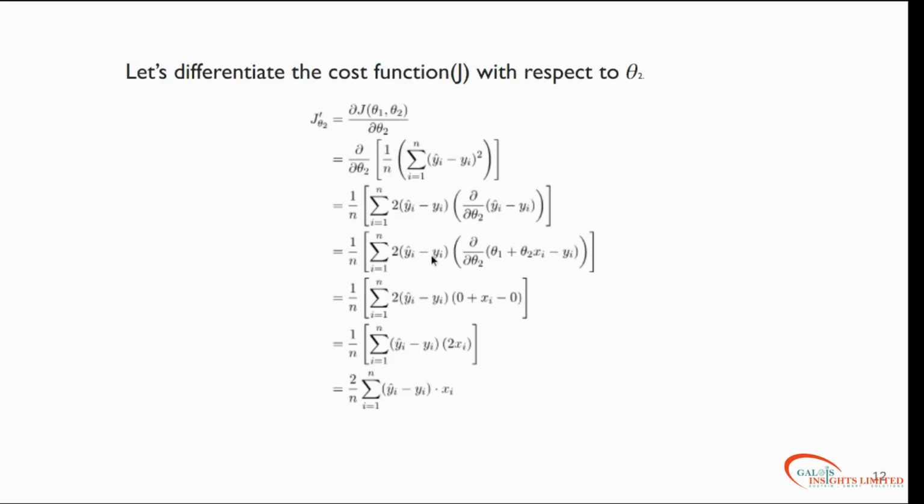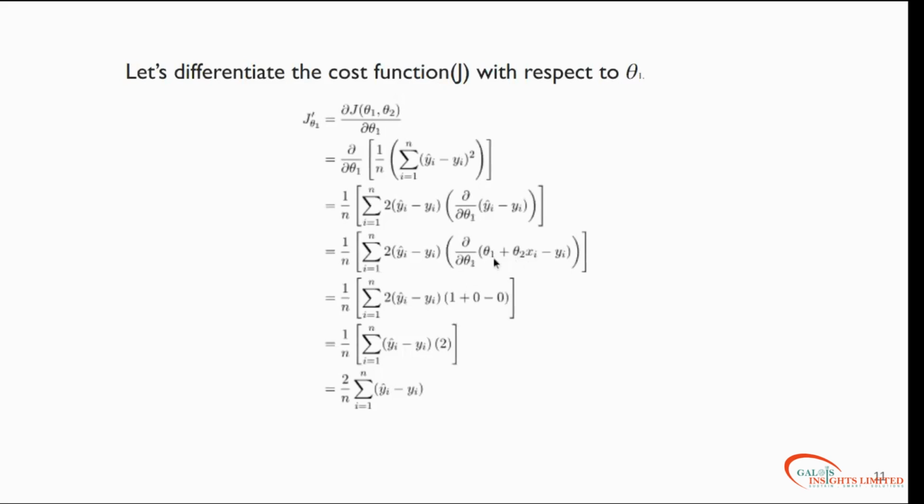So the next line, 1 on n, we are taking the derivative with respect to theta 1. If you differentiate theta 1, you get 1. If you differentiate the rest, there's no theta 1, so those terms go to 0.